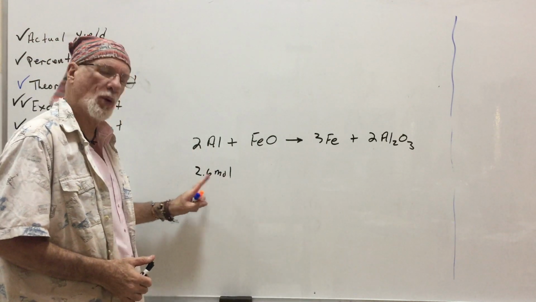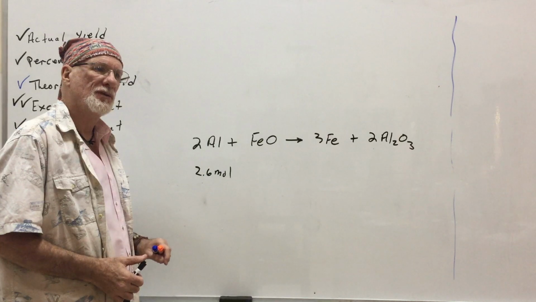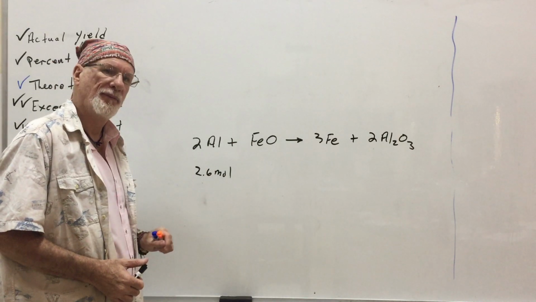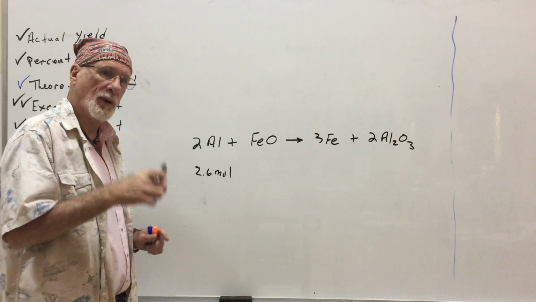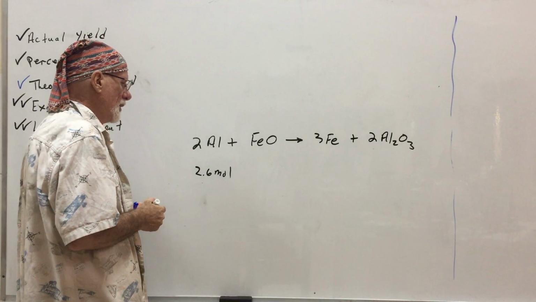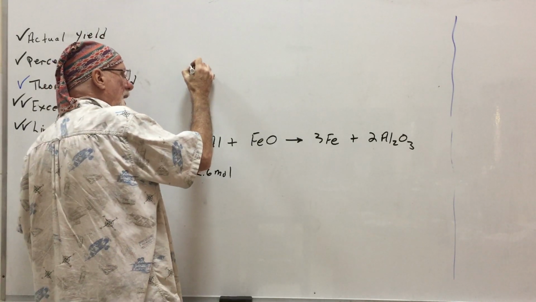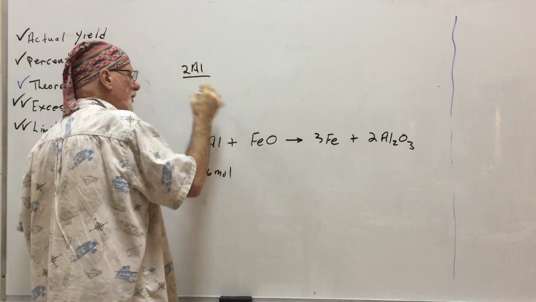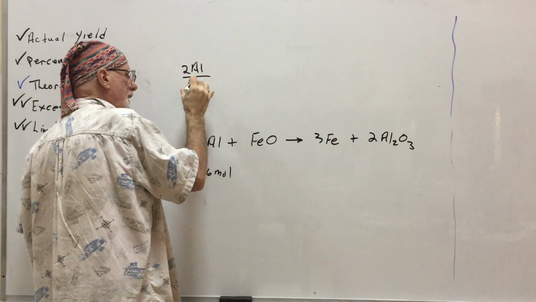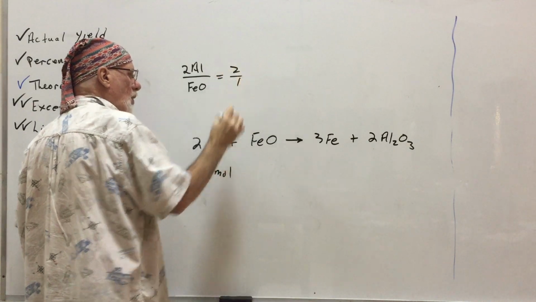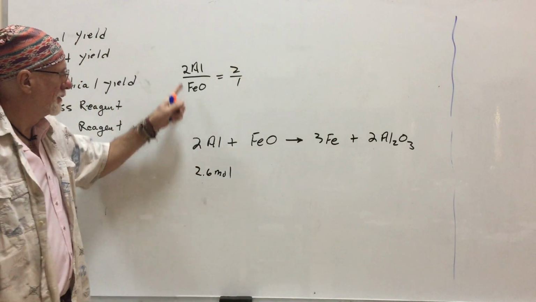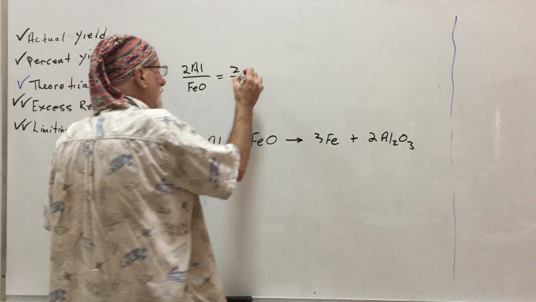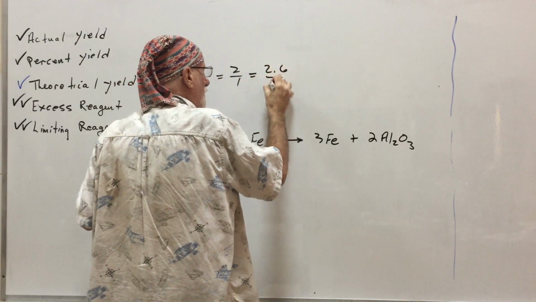If this was 2.6 moles, how much would that be? 1.3 moles. Well, I'd be comparing aluminum, correct? 2 aluminum with iron oxide, correct? 2 over 1, correct? Yes, 2 over 1. 2.6 over x.